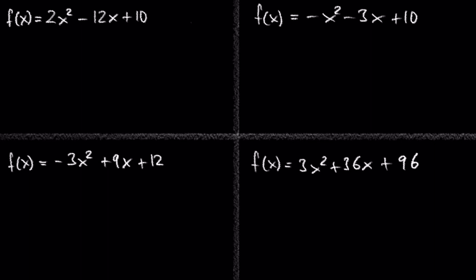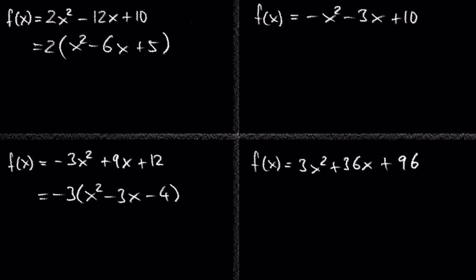So in the first example, we factor out the 2, which gives us 2 times x squared minus 6x plus 5. In the second example, we factor out negative 3, which gives us negative 3 times x squared minus 3x minus 4.